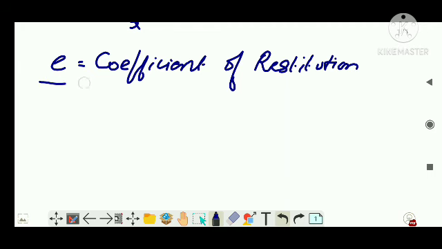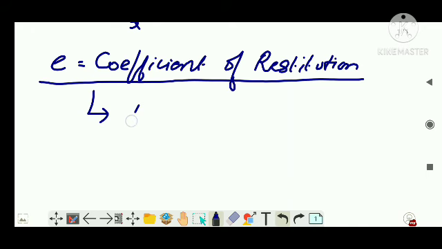It is actually a criterion to say whether a collision is elastic, inelastic, or partially elastic, a parameter which helps you say what type of collision is happening. It is known as the coefficient of restitution.